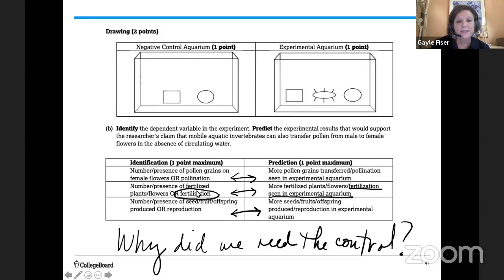Fertilization was what I identified as my dependent variable, and we're going to have fertilization seen in the experimental aquarium. I want you to also follow up with that, if you were to write that, with no fertilization seen in the control, because we have to see if it's able to happen in the control tank without that invertebrate, okay?